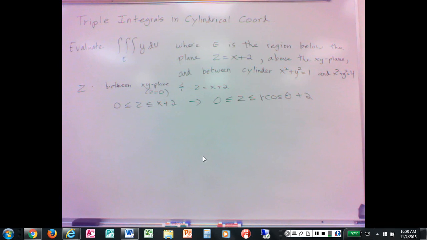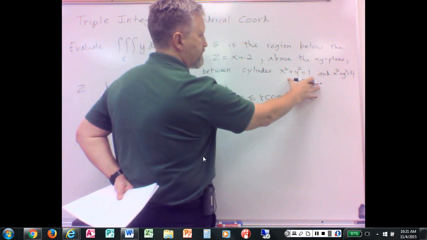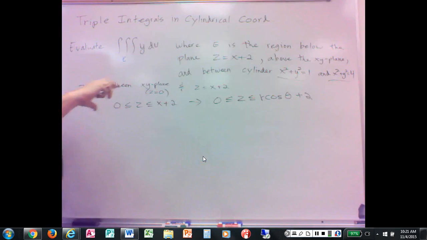Okay, so now let's think about r and theta here. Well, that's basically these, isn't it? We're trapped between those cylinders, so you just think about one level of it here. The x squared plus y squared equals 1 in the xy plane would just be two circles, a radius 1 circle and a radius 2 circle.